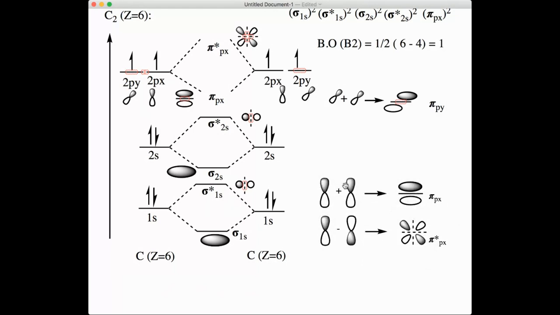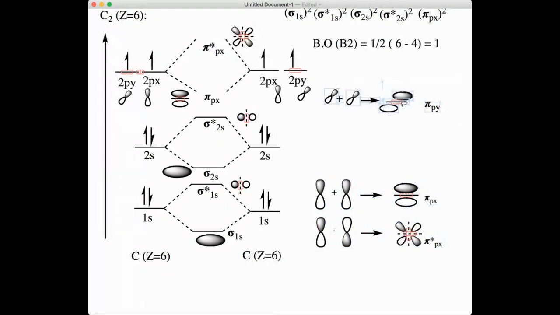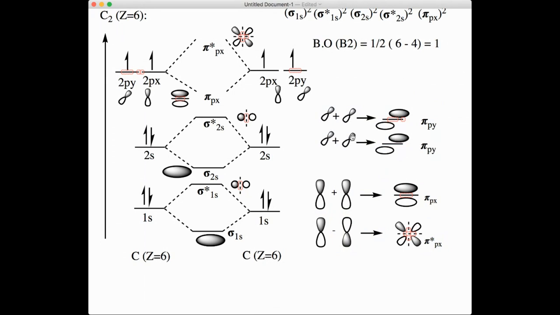So let me combine now out of phase of the py, so everybody knows what I'm doing. So out of phase combination, once again, they have different sign of the wave function. So I need to turn this around, obviously, right?